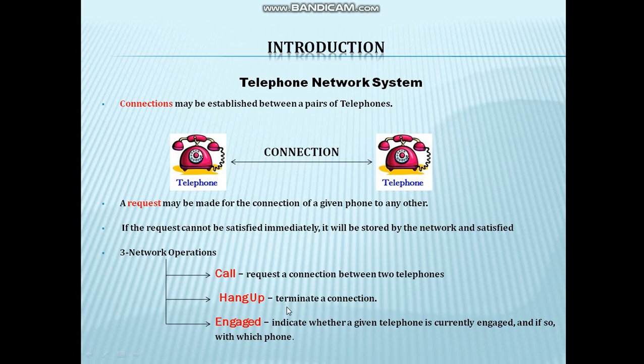Hang up means to terminate a connection, and engage means whether a given telephone is currently engaged, and if so, with which phone it is engaged. So this is the system which I have been supposed for the Z specification. Let's start in more detail.